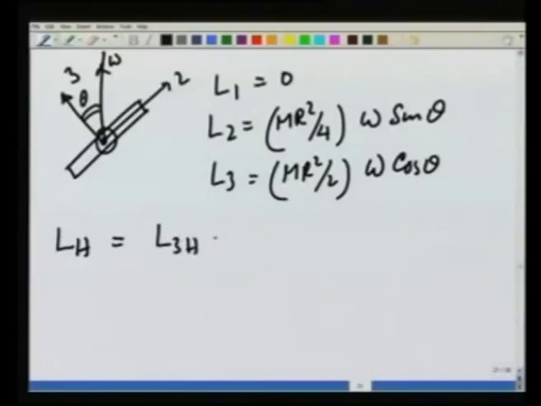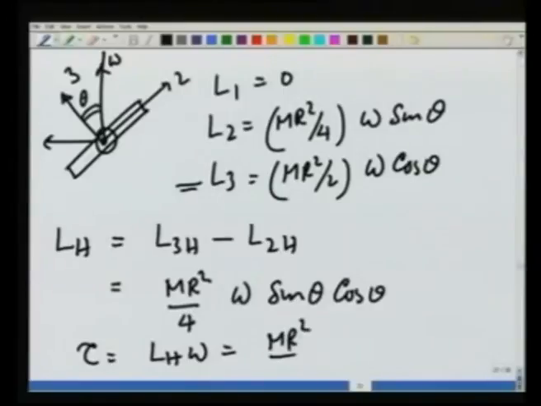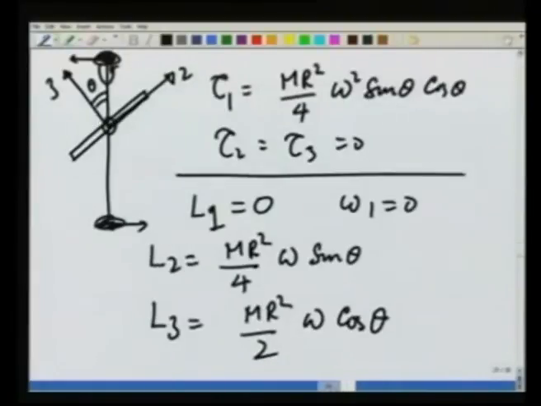So L horizontal is going to be L3 horizontal minus L2 horizontal in this direction. You can see L3 is greater than L2, and this comes out to be m r square over 4 omega sin theta cosine of theta. Tau, that is the change in L, is going to be L horizontal times omega, which is m r square over 4 omega square sin theta cosine theta, which is the same answer that we obtained earlier.